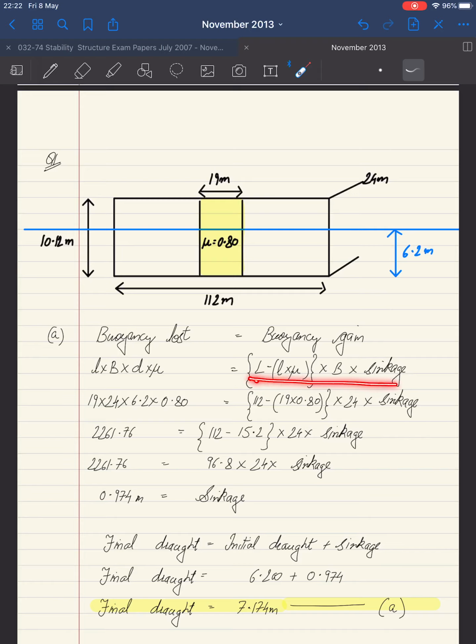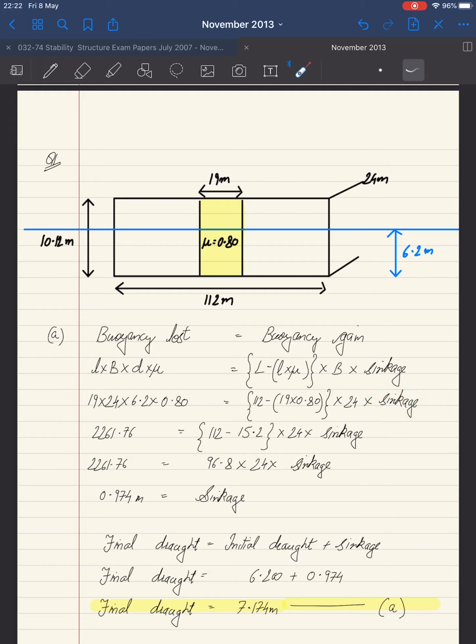When we fill in the values in this equation, the length of the vessel was 112 meters. The small l is the length of the compartment, which was 19 meters, times the permeability, because there is not 100% loss in the length due to the presence of cargo. So permeability is 0.80, which was given in the question, times the breadth, which is 24 meters, which comes from here, times the sinkage. This is what we need to find out.